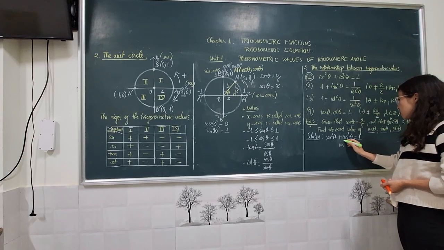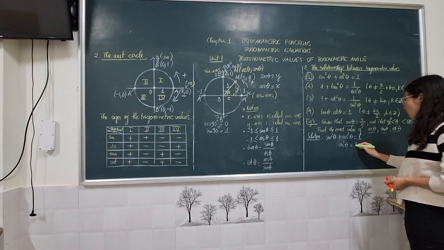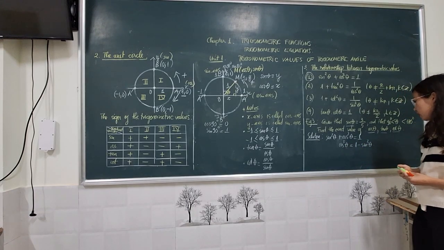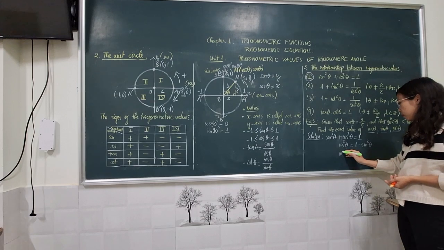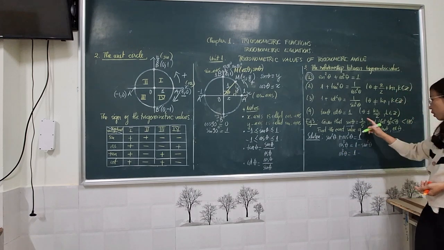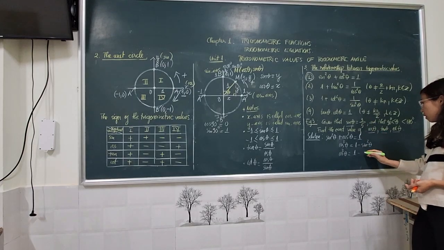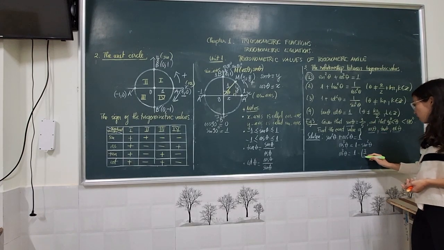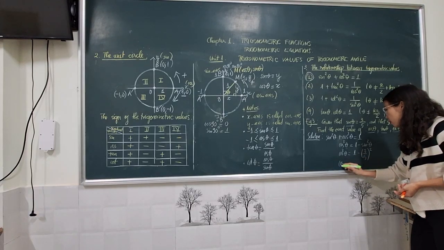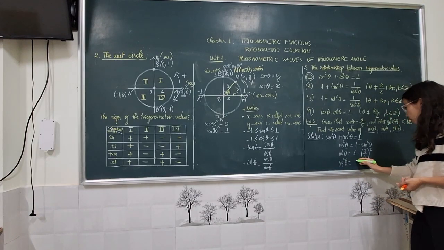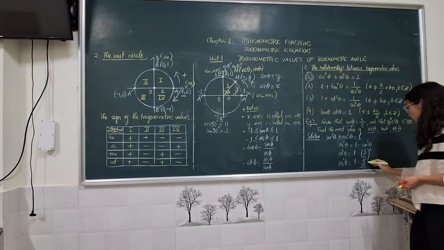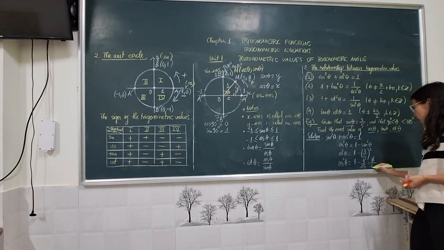So cosine theta squared equals 1 minus sine theta squared, and plug in sine theta equals 3 over 5. We have 3 over 5 squared, and simplify: 1 minus 9 over 25 equals 16 over 25.